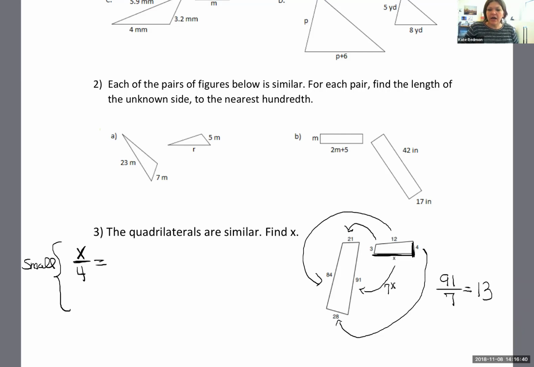So let's take a look here. Let's start with the side that corresponds with 4, because I think that one's easier to tell. Obviously, the 4 is one of the 2 short sides, so I'm looking for one of these 2 numbers, but which one? I think 28. You're absolutely right.